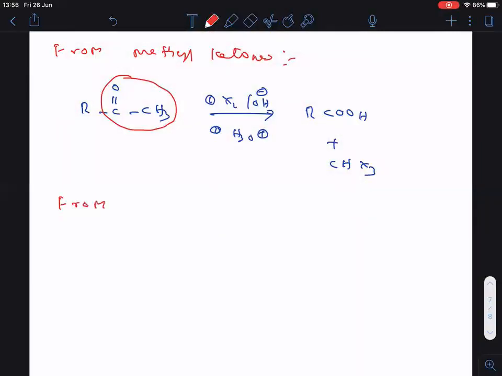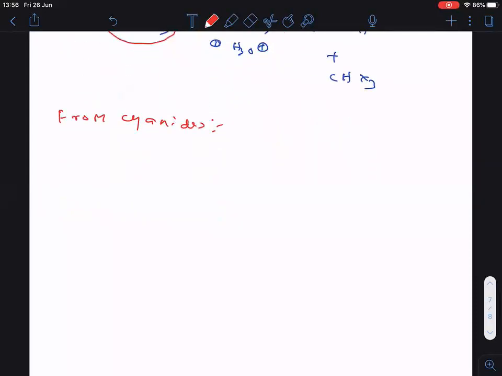Now, coming to the next preparation method. The next preparation method is from cyanides. Okay. Now, how to prepare acids from cyanides?